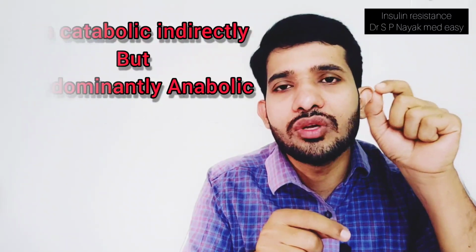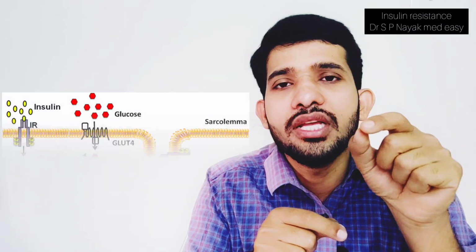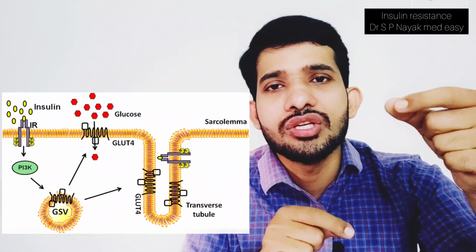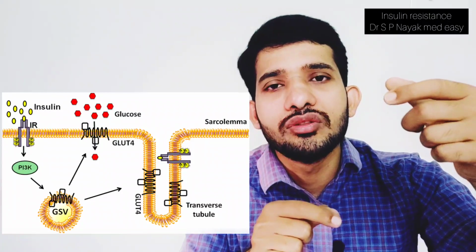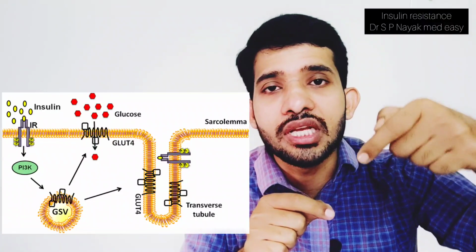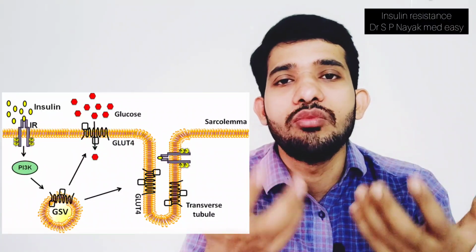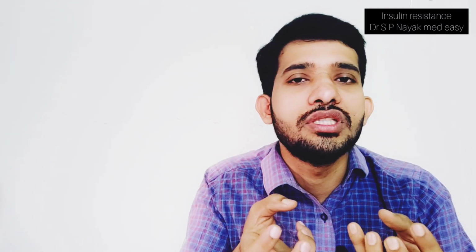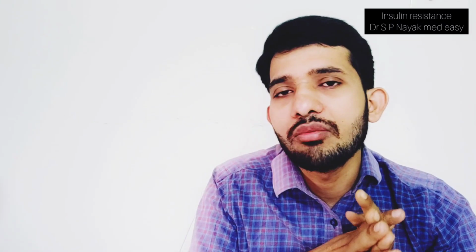Insulin goes and binds on the insulin receptor, and by binding on the insulin receptor, the glucose transporters will attach on the cell membrane, and through the glucose transporters, the glucose which is present in the blood enters into the cell, and by entering into the cell, it starts metabolism, or it breaks down the glucose into carbon dioxide and water, and it produces energy molecules. So this is the indirect catabolic reaction of insulin on carbohydrate metabolism.